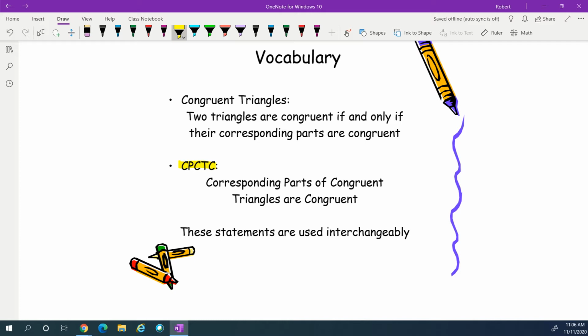The corresponding parts of the congruent triangles are congruent. So with CPCTC, we know the triangles are congruent, and now we're talking about their parts. So the corresponding parts of congruent triangles, that means we have to have congruent triangles first. Their corresponding parts are congruent. CPCTC is an acronym that we want to get very comfortable with. The corresponding parts of congruent triangles are congruent.